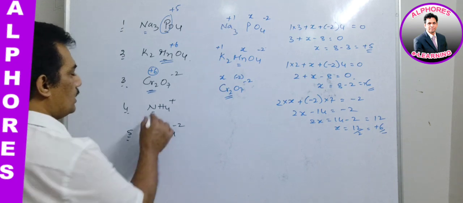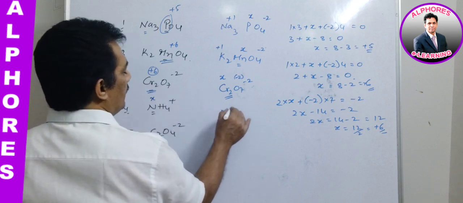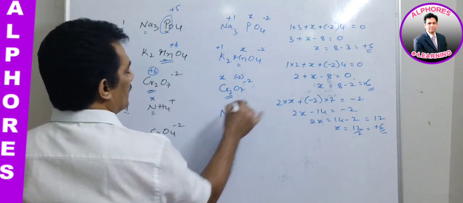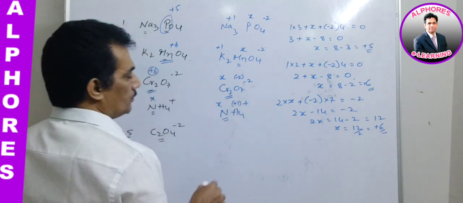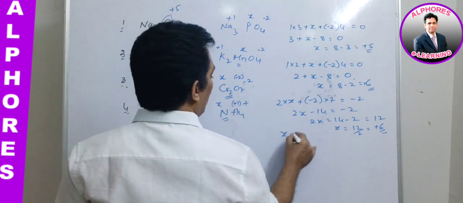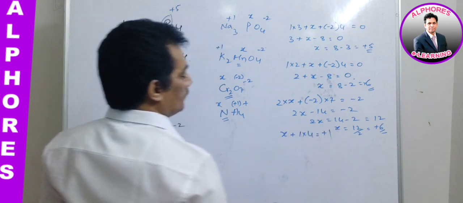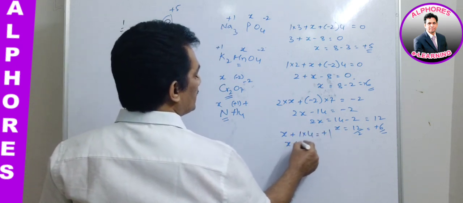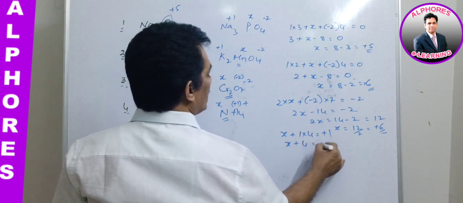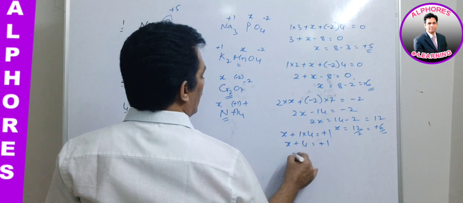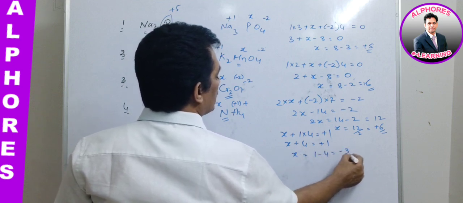Now coming to NH4+, nitrogen we don't know, it is X, and hydrogen is +1. Now X plus 1 into 4 is equal to +1, so X plus 4 is equal to +1 and X is equal to 1 minus 4, that is -3.